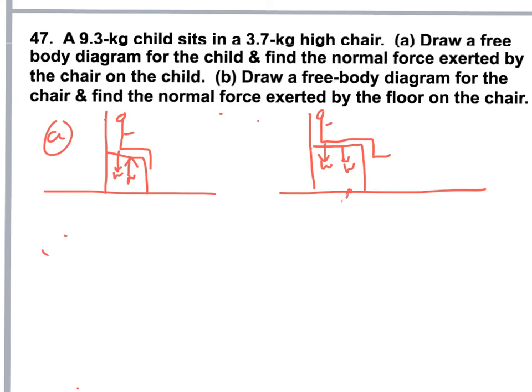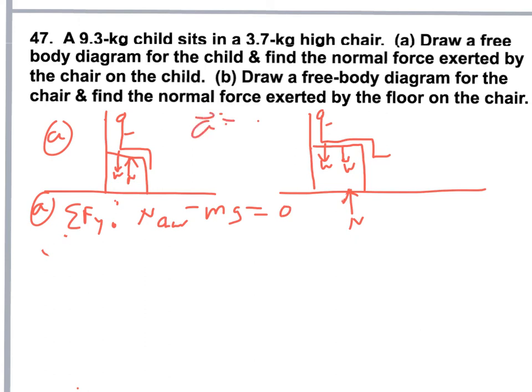So for A, we sum up our forces in the y direction: that's the normal of the chair minus the weight of the child, and we set that equal to ma.